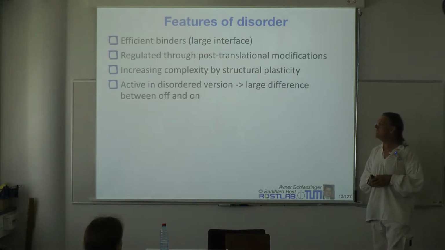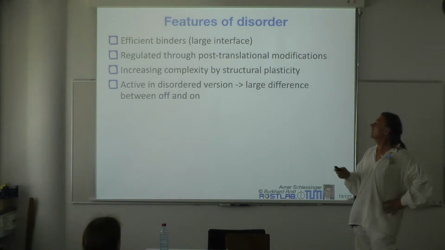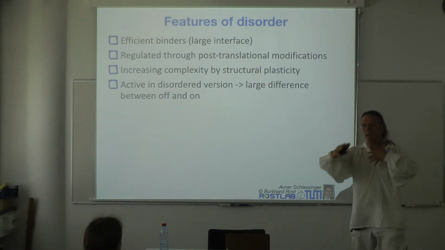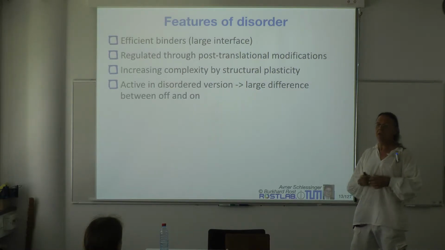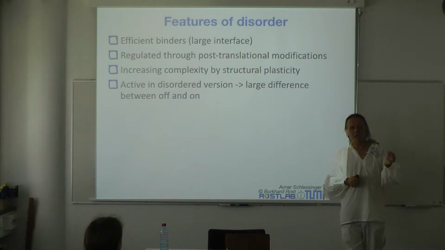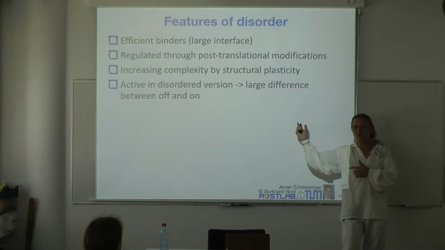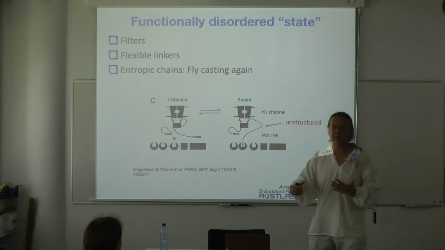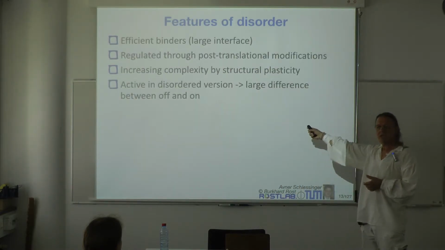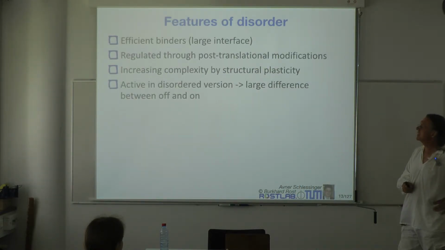And we begin to see different themes of disorder. An efficient binder, by being big, by wrapping around something, could be regulated through post-translational modification. So essentially this loop that you had before in the fly casting mechanism, you could imagine that you bind a sugar on and off. And then you have a switch to activate this fly casting mechanism.